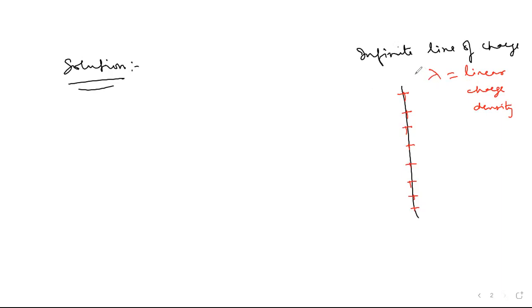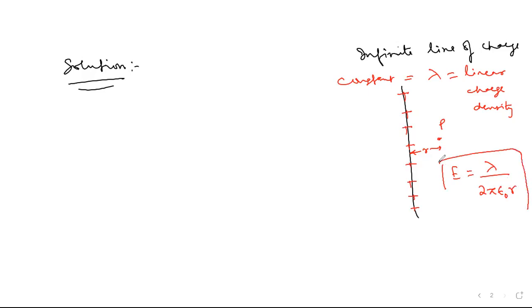And if we assume lambda is constant, that means lambda is throughout the same. And if we take a point P, r distance from the line, then the magnitude of electric field at point P is lambda by 2 pi epsilon naught r.